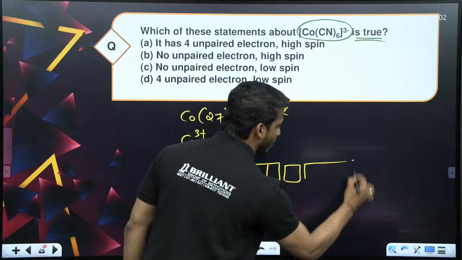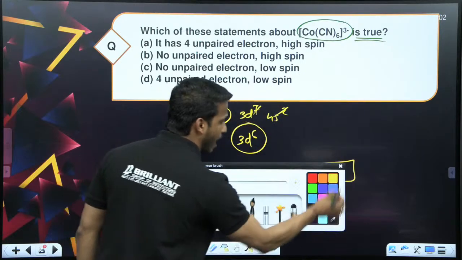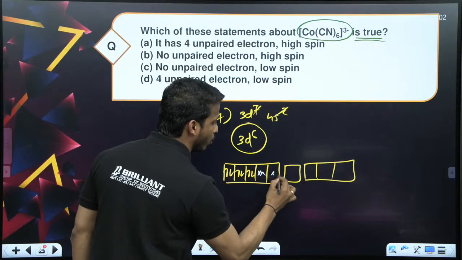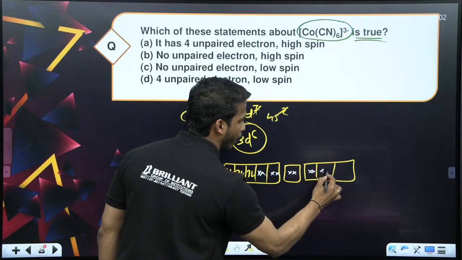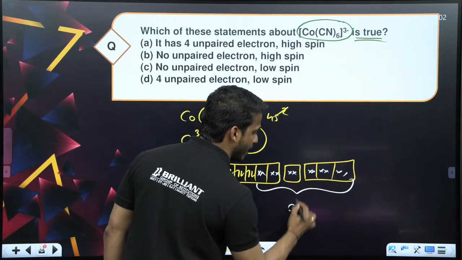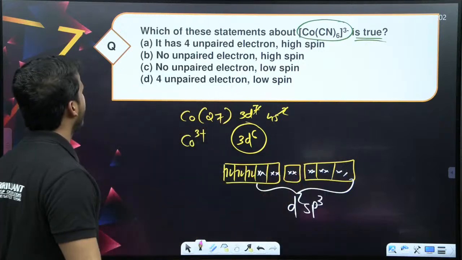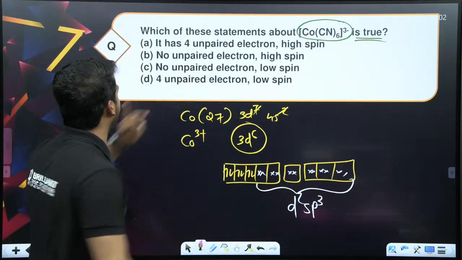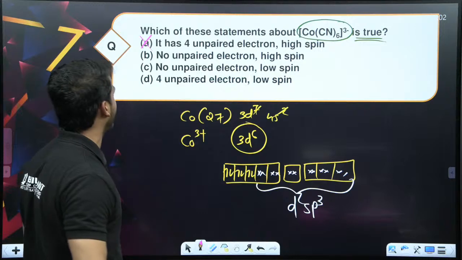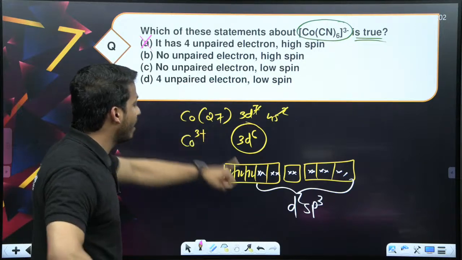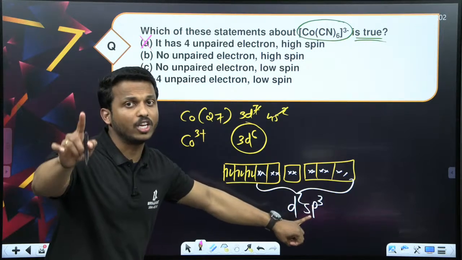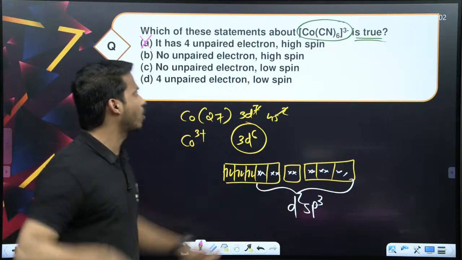Then the hybridization: 6 positions, so 1 2 3 4 5 6, hybridization is d2sp3. It has no unpaired electrons here, and d2sp3 means low spin complex.